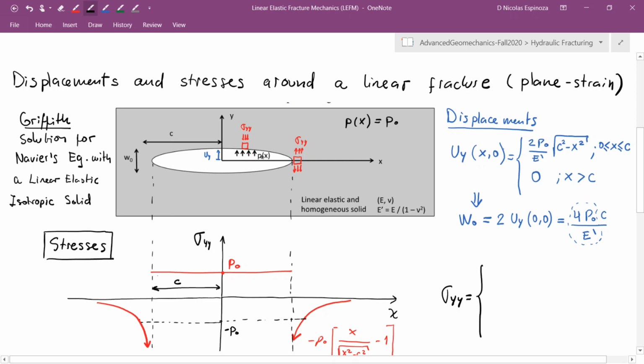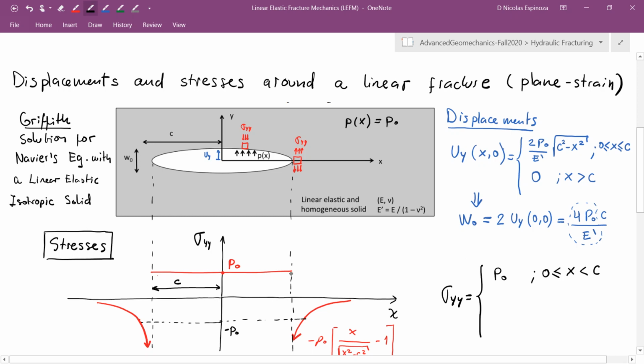So actually, at the wall of the fracture, this is a boundary condition that tells us that sigma yy has to be equal to the net pressure, or the pressure inside the fracture in this simplified case, for the region in which the variable x is greater or equal than 0, but also smaller than the fracture half length c.